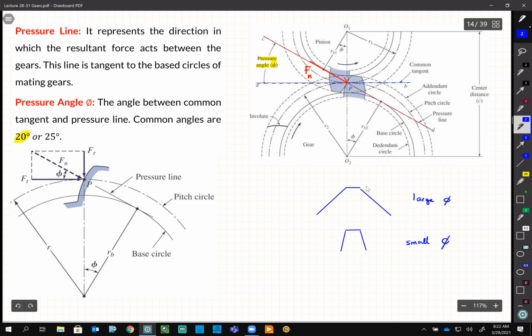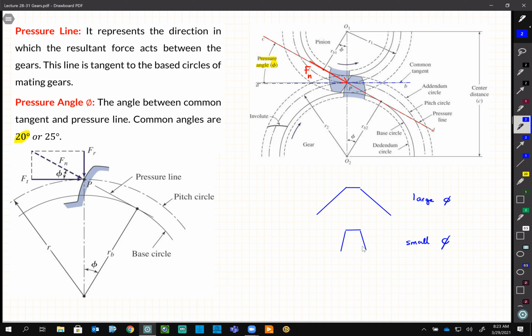So the larger the phi is, the motion between two gears is going to be smoother. So you can imagine climbing up a slope like the one at the top is easier than the one at the bottom. But the one at the bottom is of course more efficient. However, it's going to be a larger force on the gear and the teeth might break, right? So unless you use a very strong material.